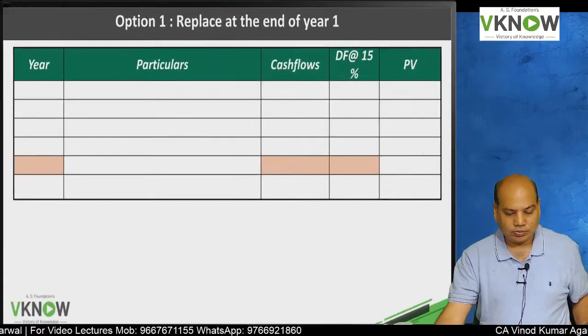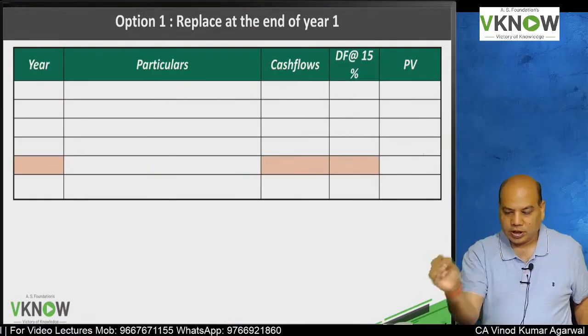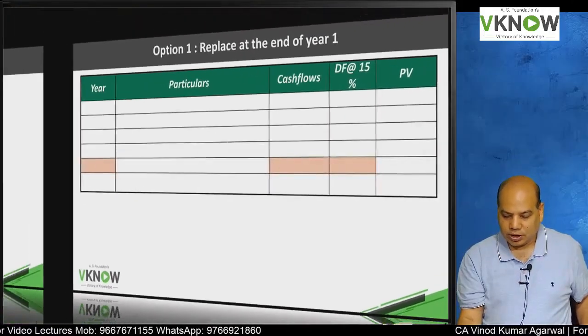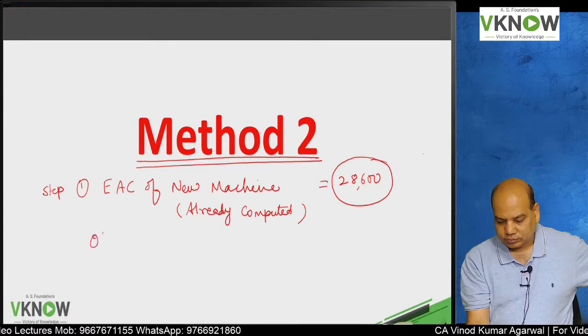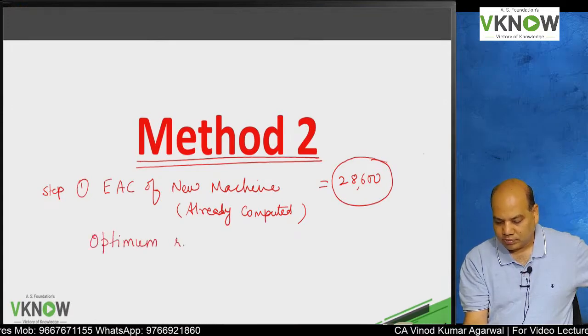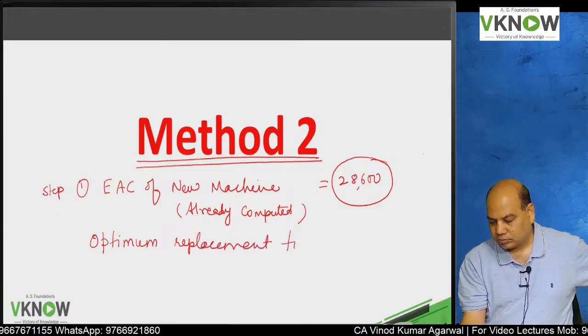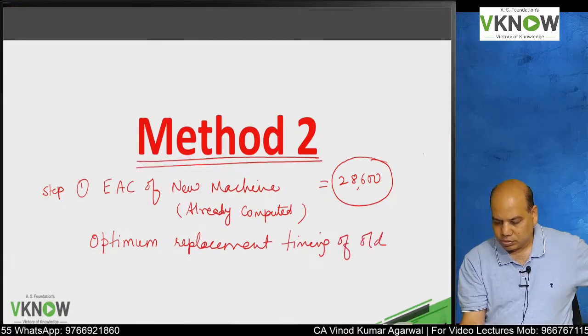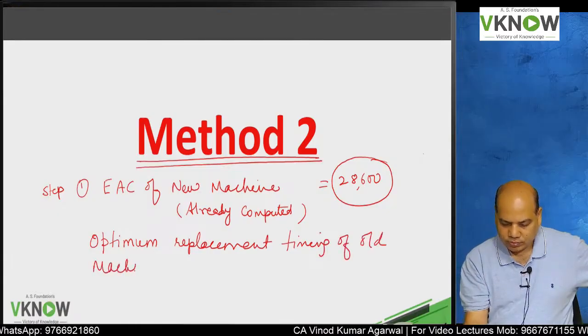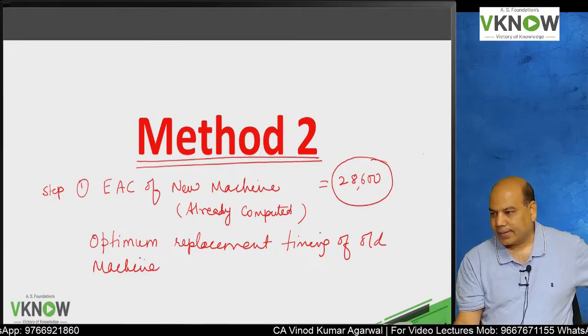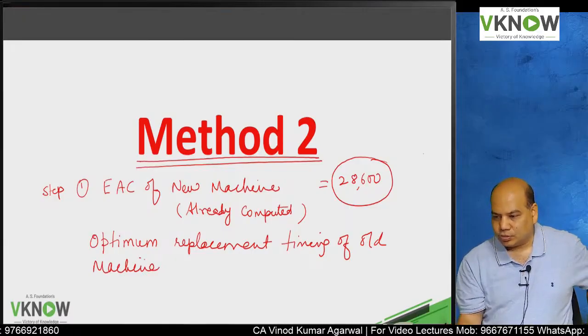Now write down below. First write down one heading: Optimum replacement timing of old machine.